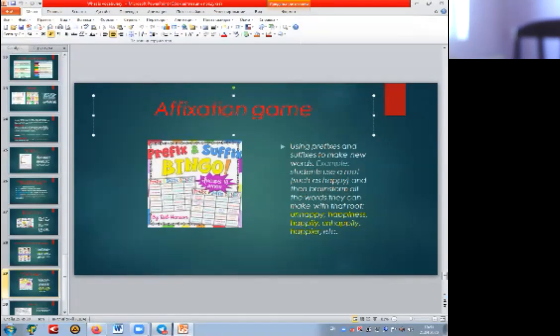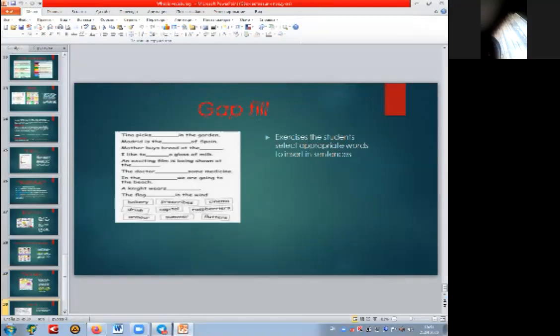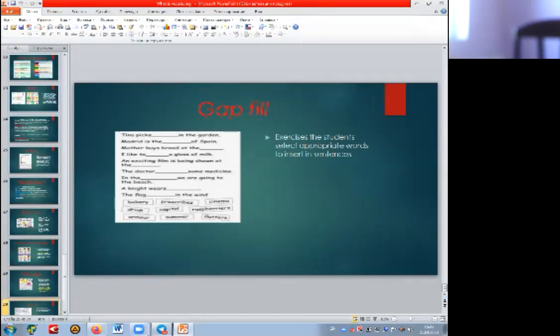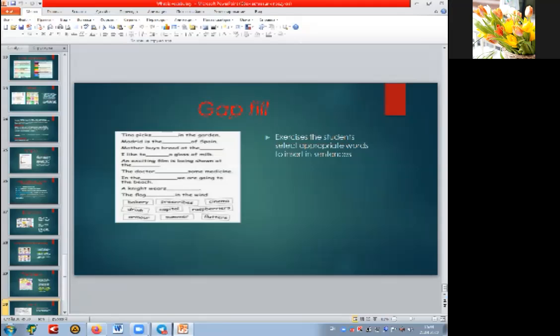And you know gap fill. It's widely used, not only for teaching vocabulary, but also for teaching grammar, speaking, listening, and the other skills of the language besides vocabulary. Here you can see there will be some gaps that you have to complete.